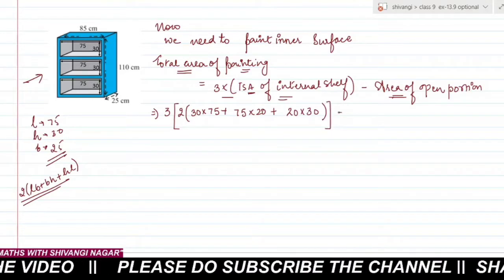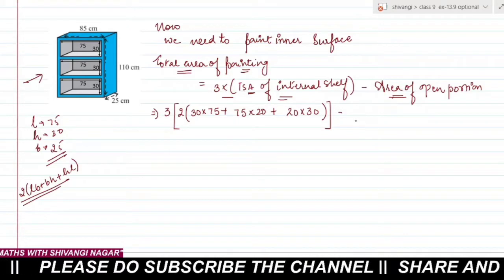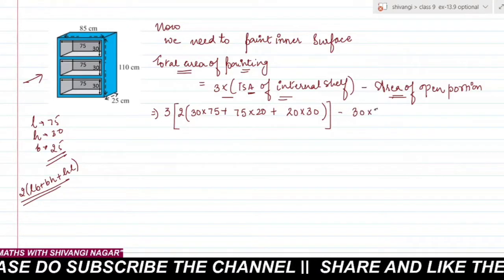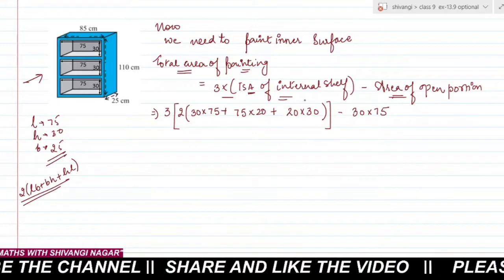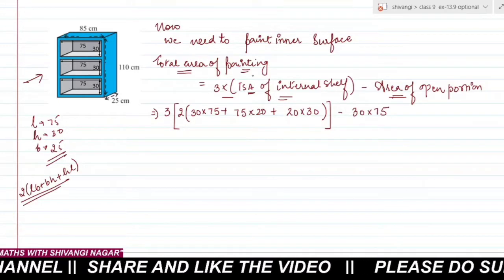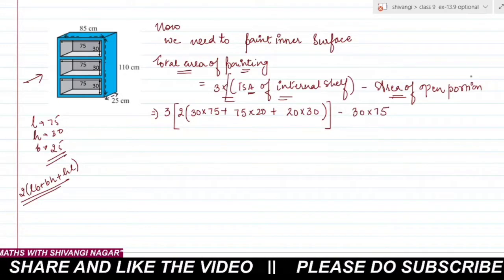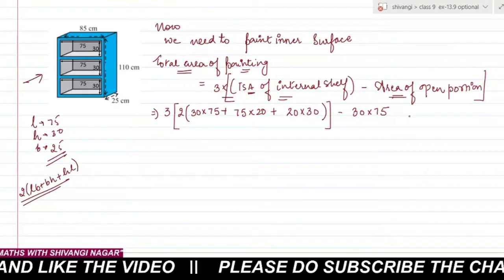Similarly, the area of the open portion is what? So the area of the open portion is 30 into 75. Clear? Then this entire part is multiplied by 3 because the open portion also we have 3 times. Okay.